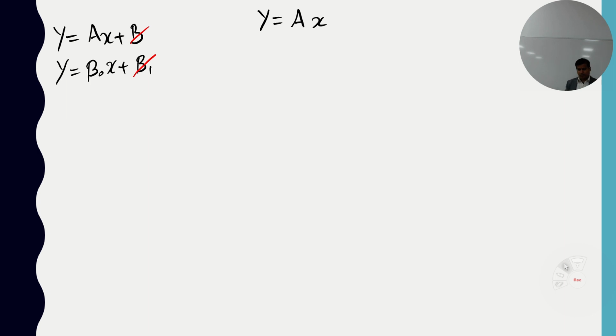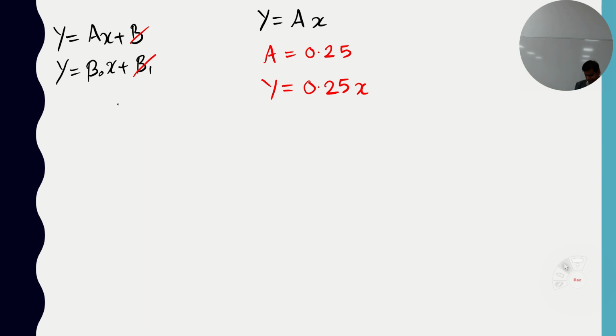Okay, let's start with some random value for a. Let's say a equals 0.25, just to start with, and the dividing line we are going to have is y equals 0.25 times x.